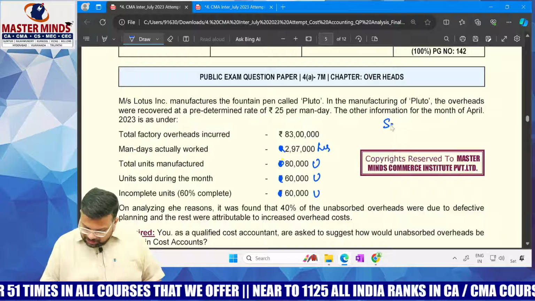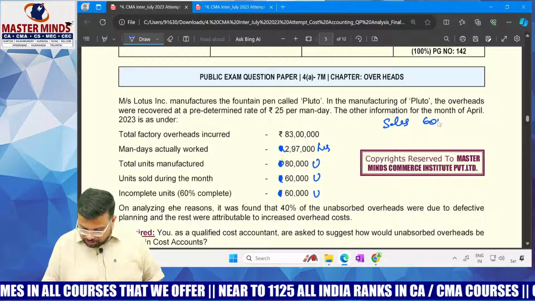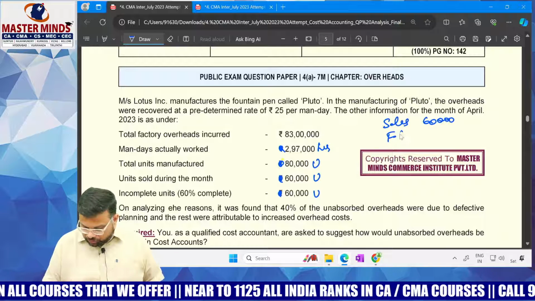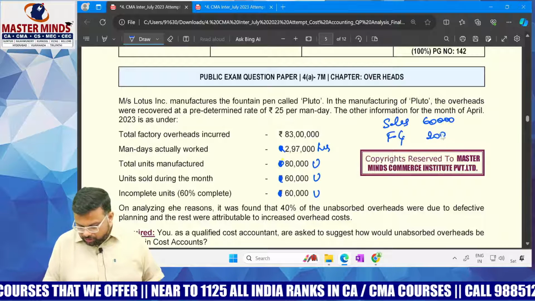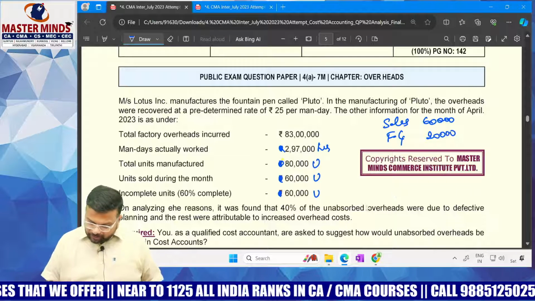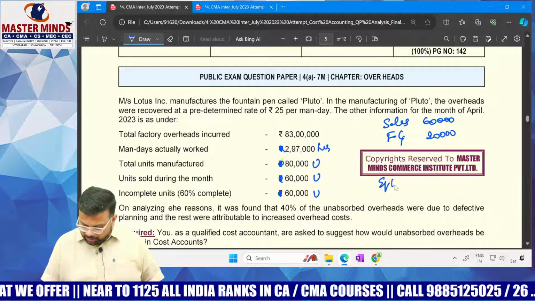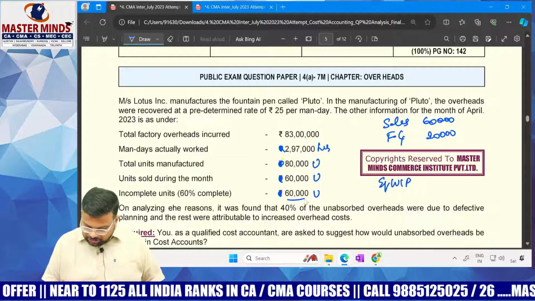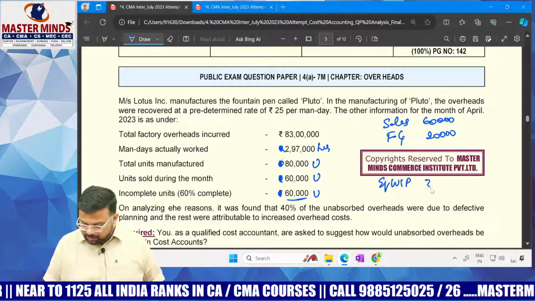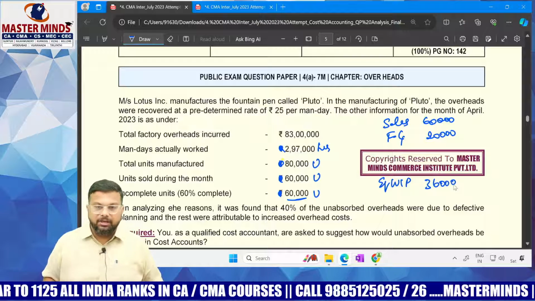So sales 60,000. Finished goods 20,000. Equivalent work in progress: 60,000 into 60% complete, nothing but 36,000.